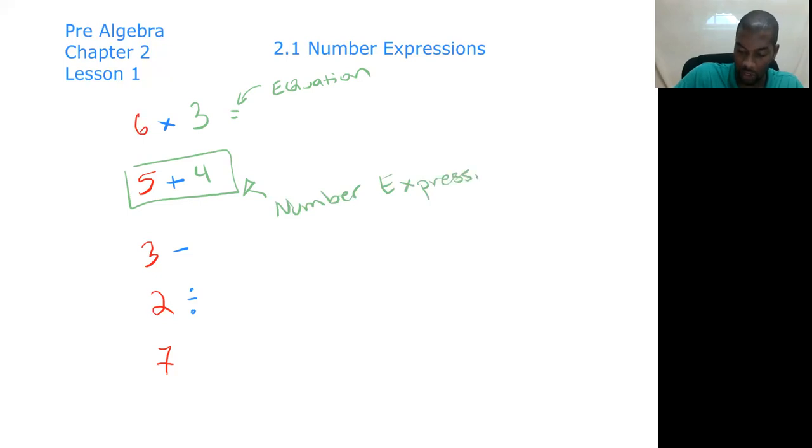Now, the definitions of these aren't really that important because essentially everything's going to turn into an equation one way or another. What we're trying to do here is solve and figure out number expressions when we see them.